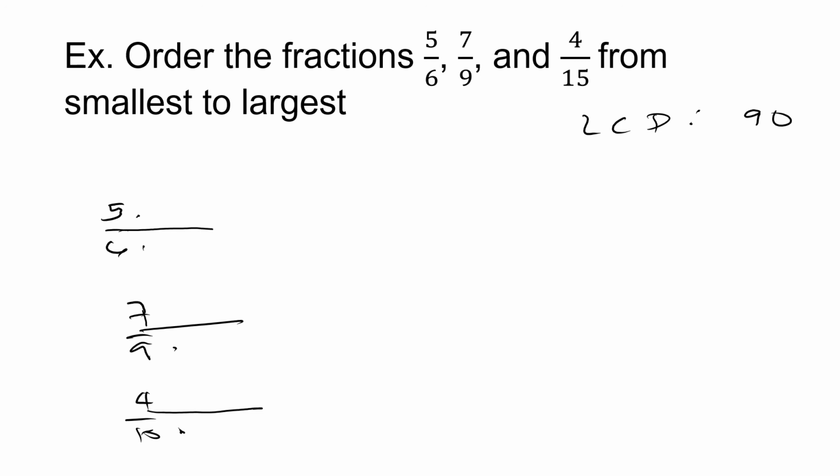Use your calculators. 15. So we also multiply the top by 15. Now for 9, that's pretty obvious. We multiply by 10. So we multiply both the top and the bottom with 10. And for 4 over 15, we multiply by 6.